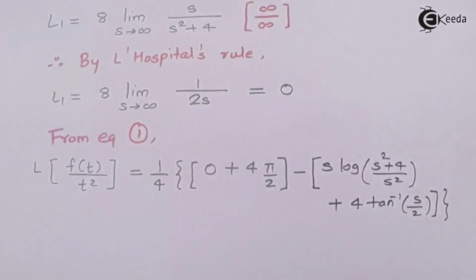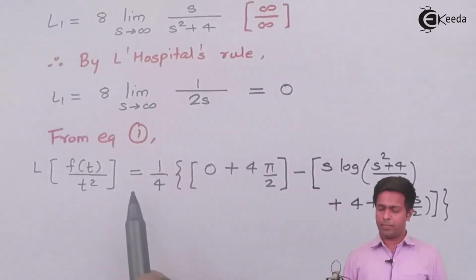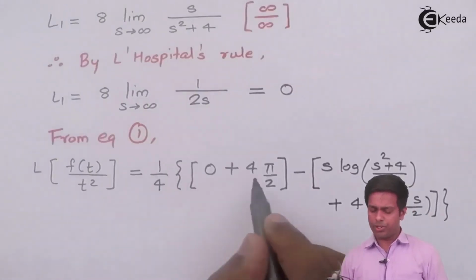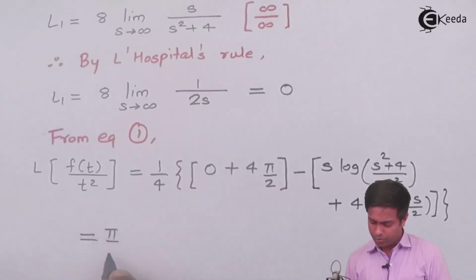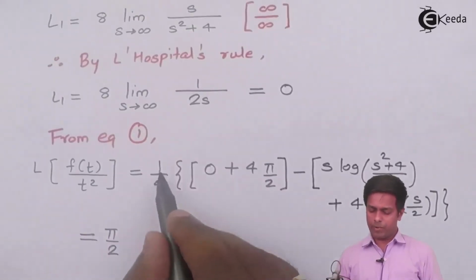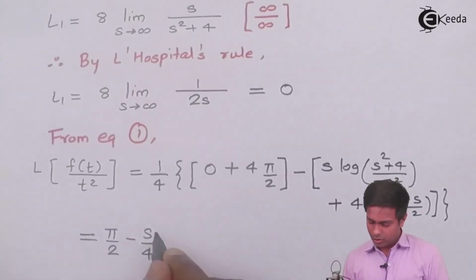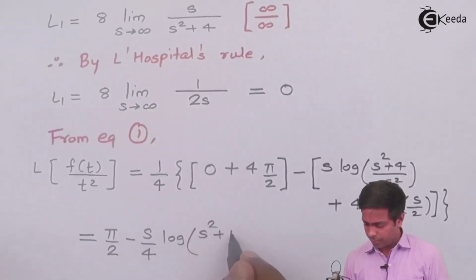Now after this, I'll take this 1 upon 4 inside, and it will multiply all the 3 terms, and we'll get the final answer. So 1 by 4 into this, so 4 and 4 cancel. So we will get first term as pi upon 2. If I take 1 by 4 here, we will get negative s by 4 log of s square plus 4 upon s square.